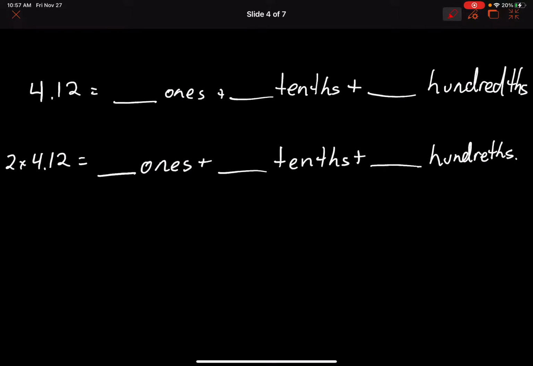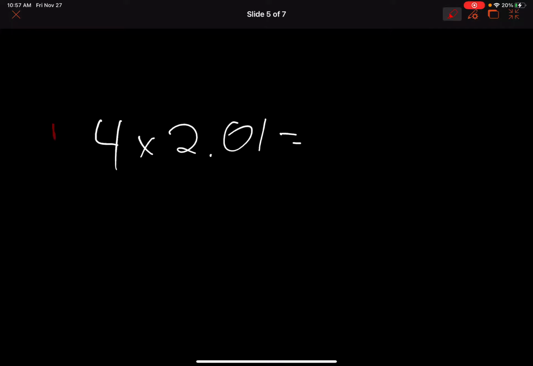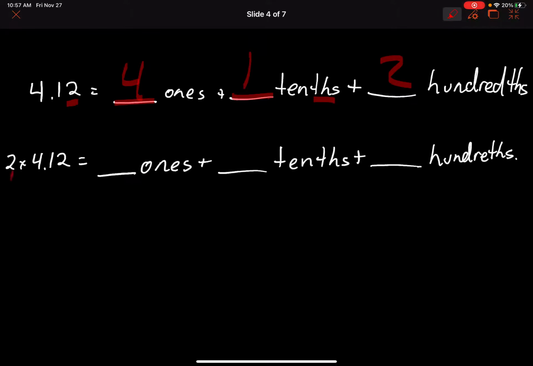Now, if I was going to expand my number, how many ones do I have? I have 4 ones, 1 tenth, and 2 hundredths. Now, if I'm going to multiply this, I can go 2 times 2, that's 4 hundredths. 2 times 1 is 2 tenths.